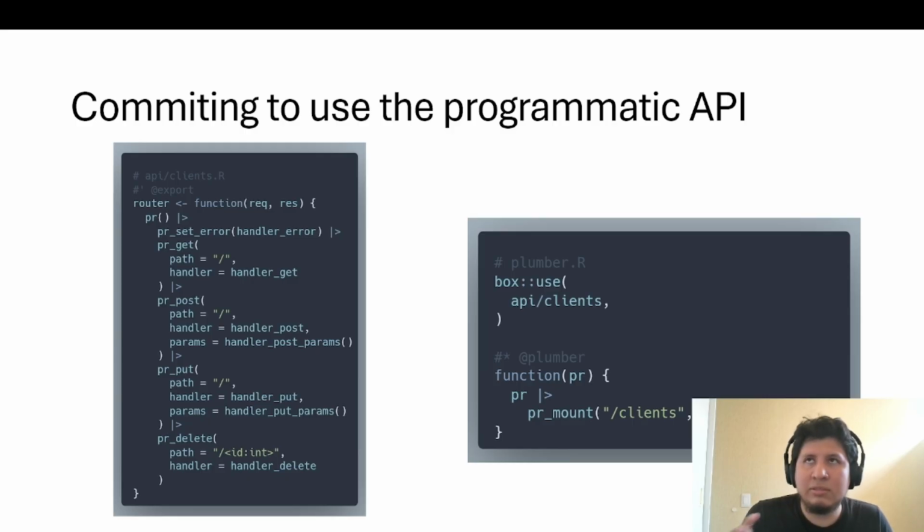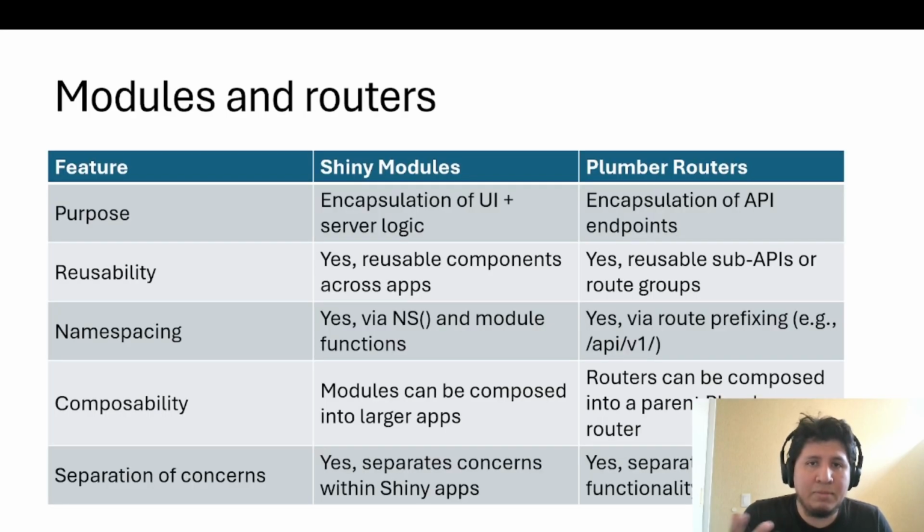This is basically equivalent to what you would do with Shiny modules. So this is the idea we want to translate from Shiny to Plumber. This is a high-level example of this. Shiny modules allow you to encapsulate UI and server logic, and routers allow you the same thing for API endpoints.